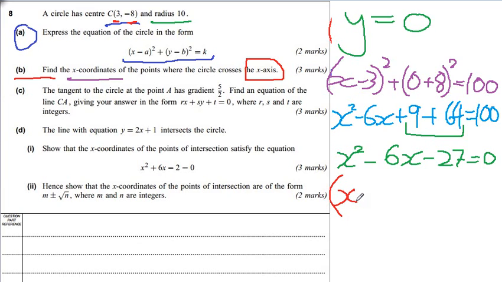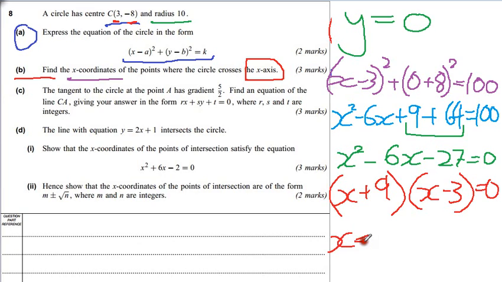So what we're going to do here is have two sets of brackets. We've got (x plus 9) and (x minus 3) equals 0. So x is equal to minus 9 and 3. Okay, they are your two x-coordinates.